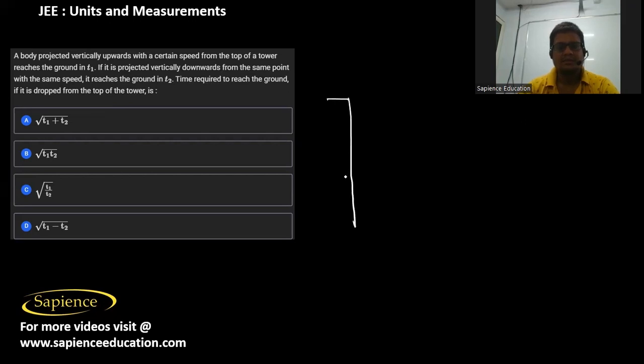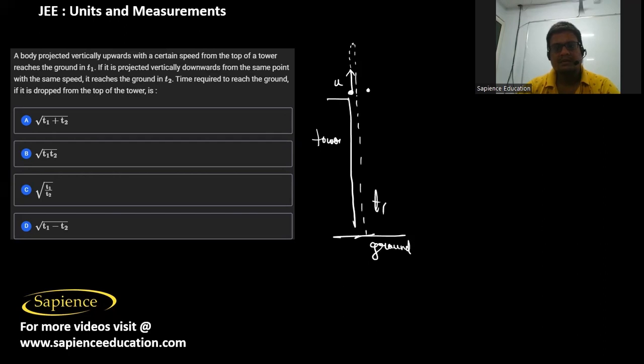So here we have a tower. From the top, the object is thrown vertically upwards with a certain speed, let's say u. Then it will go to some height and then return back and reach the ground in time t1.